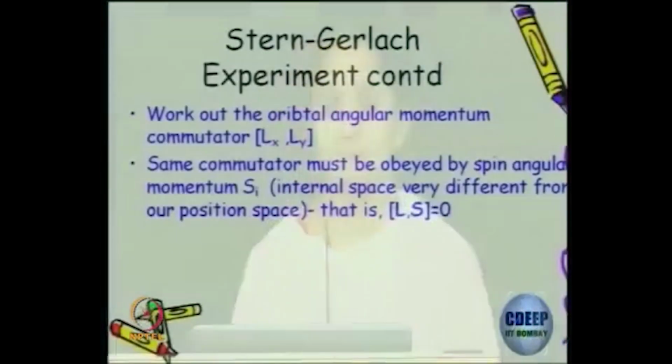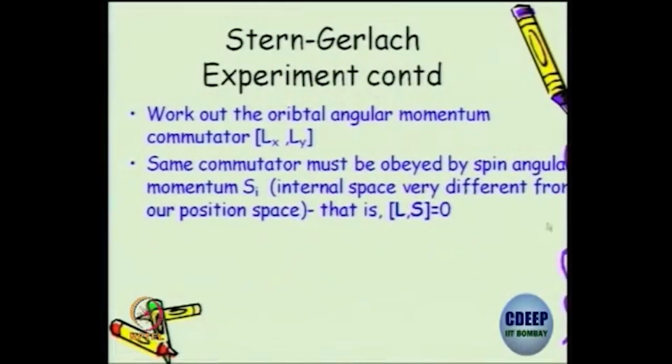You can do this in the Dirac formalism on the stage. Is this clear? So there is an internal space very different from our position space, that is, all the components of L with all the components of S, any of the components, the commutator bracket is 0. So you can write simultaneous eigenstates of orbital angular momentum and the spin angular momentum.